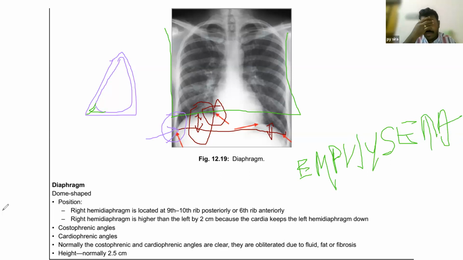In emphysema, you can see the flattening of the diaphragm. That is very, very important. These are a few things you have to consider.